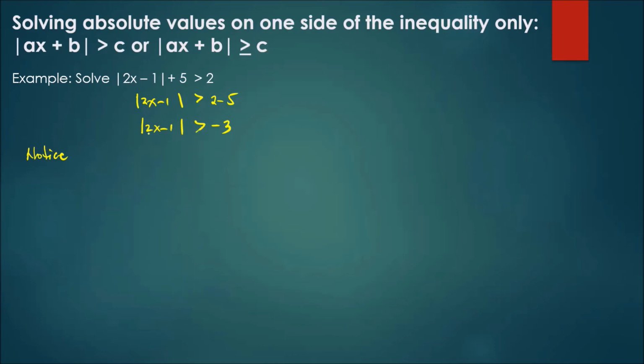Now, is it possible to have a positive number that is greater than negative 3? So notice that we have an absolute value greater than a negative number.